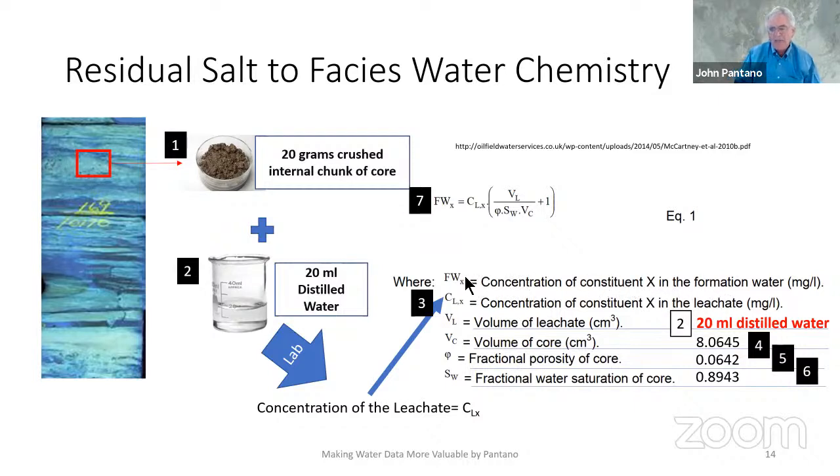Now we have to make some assumptions to figure out the concentration of the formation water. So we take the concentration of the leachate and we have the volume of leachate. This we measure in the lab, this we measure in the lab, this we measure in the lab.